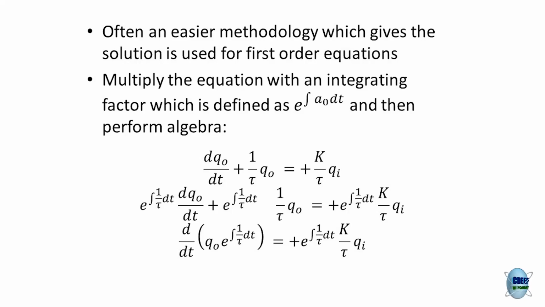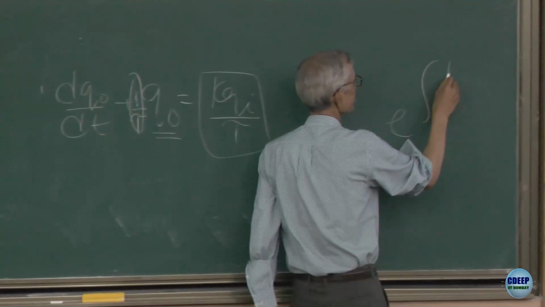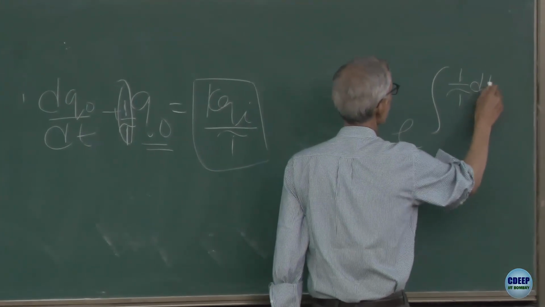For first order equations, a slightly better methodology exists, called an integrating factor. The integrating factor is e to the power of the integral of whatever is there, in this case 1 by tau dt.